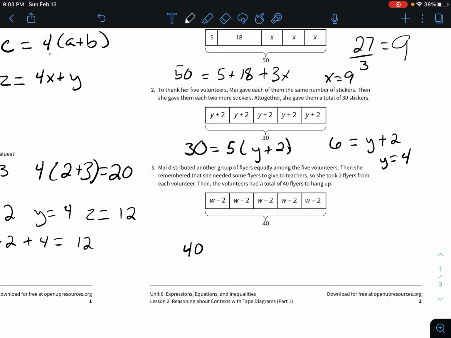So there were 40 flyers to hang up, and the 5 volunteers all got the same amount, and they got W minus 2. Once again, if you divide 40 by 5, that's going to be 8. So 8 is equal to W minus 2. What would the W have to be? Well, W would have to be 10.